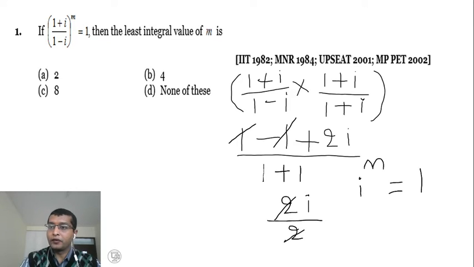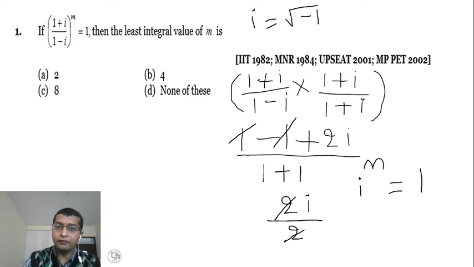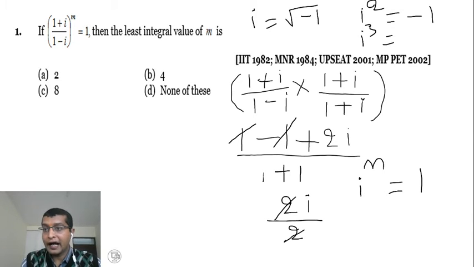Next, what value of i power gives 1? We know i equals root of minus 1. If you square both sides, we get i square equal to minus 1. Then i cube is i square into i, which is minus i.